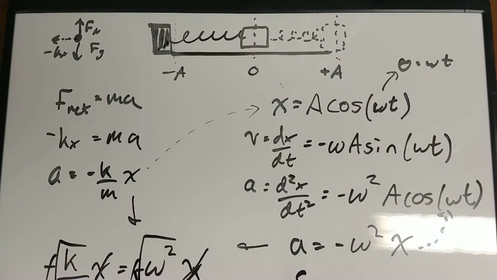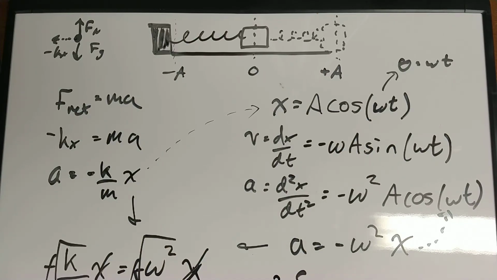If this is in radians per second, we need to cancel out the radians. We need to get it down to cycles per second. So omega equals 2 pi times f, so f equals omega over 2 pi.